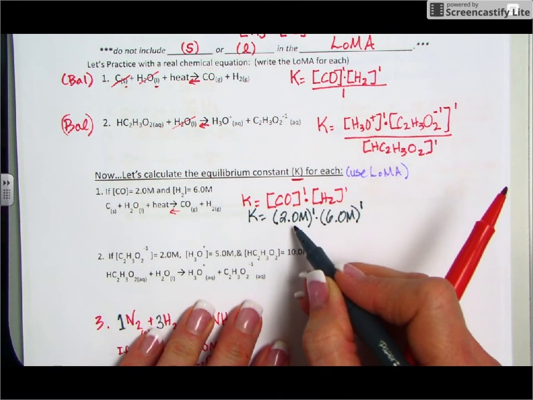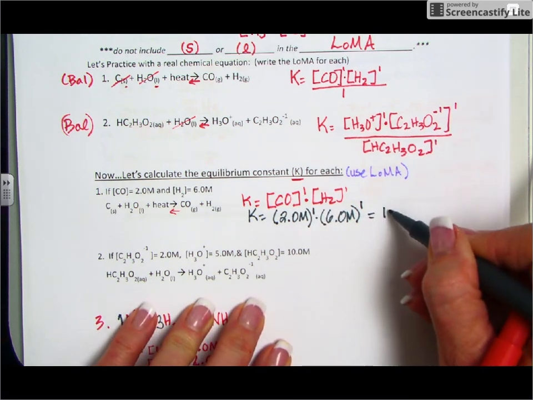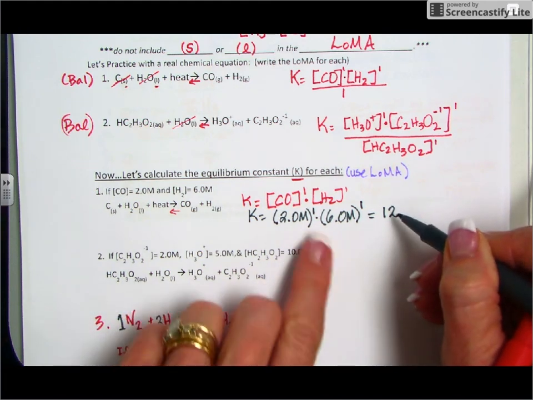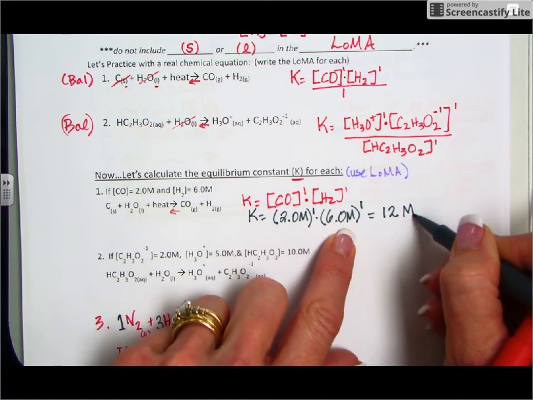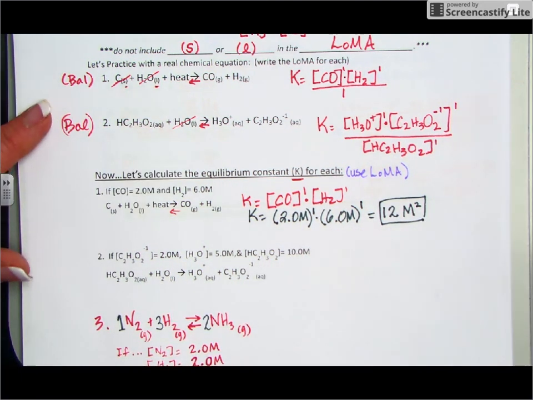So we just have 2 times 6. That's going to give us for our equilibrium constant value 12. We need 2 sig figs here. Notice the units end up being molarity squared. So that will be your answer on the first example.